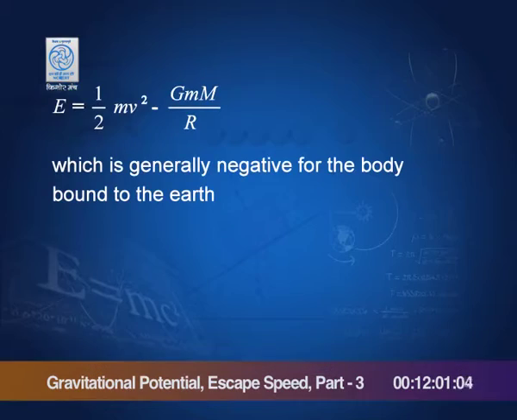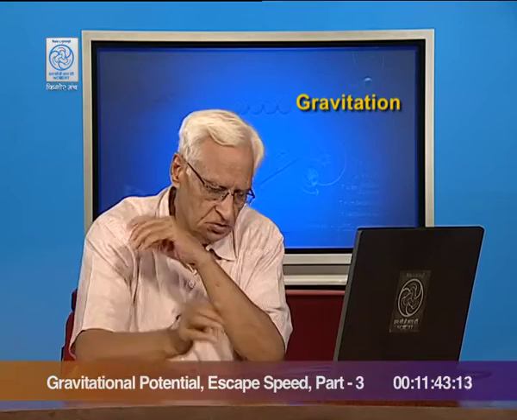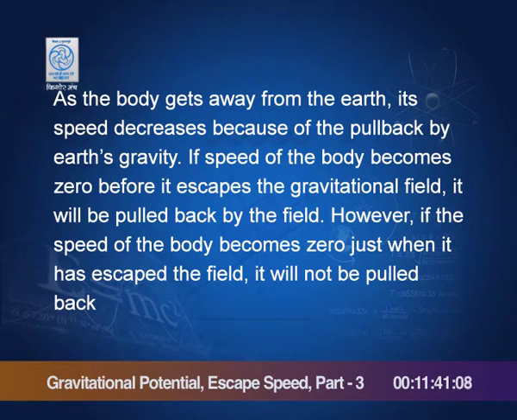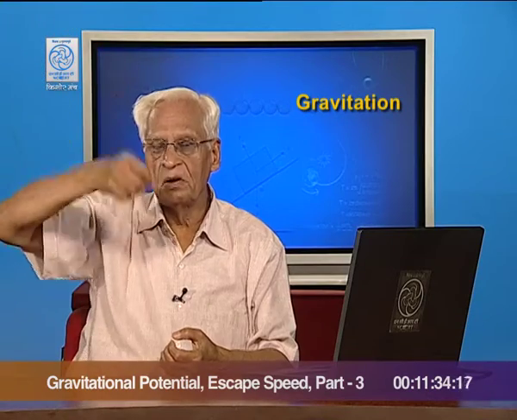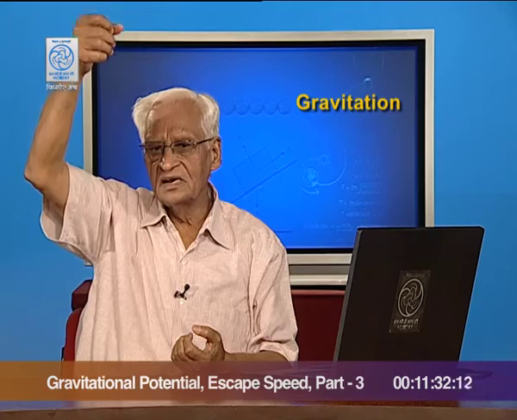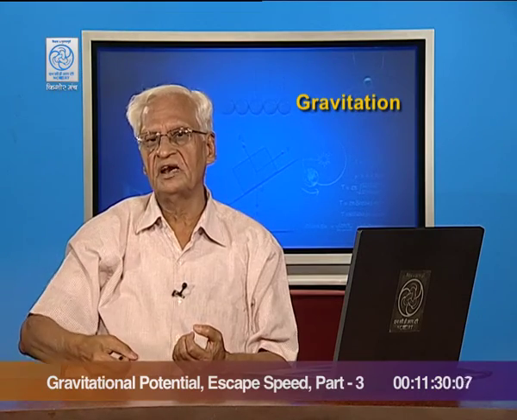So, let us write the energy of a particle on the surface of the earth. It has kinetic energy half m v squared, it has potential energy minus G M m by r. Therefore, this is the total energy, and we have seen that this is generally negative for the particle to be bound to the earth. As the body gets away from the earth, its speed decreases. Why? Because remember I told you that the acceleration due to gravity is always vertically downwards.